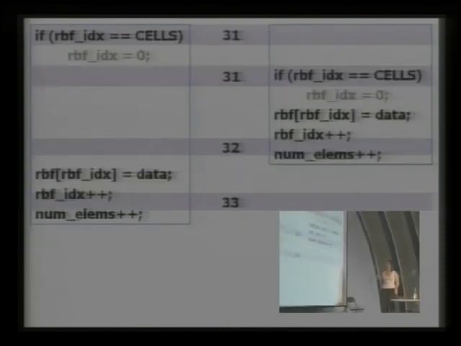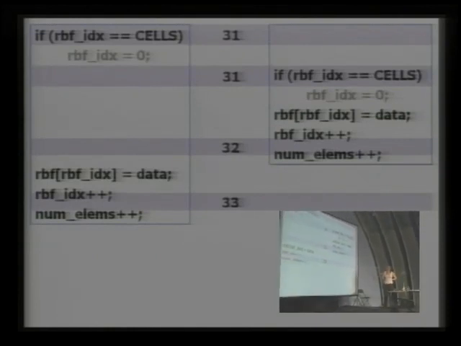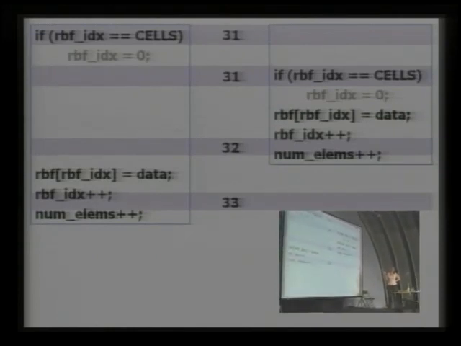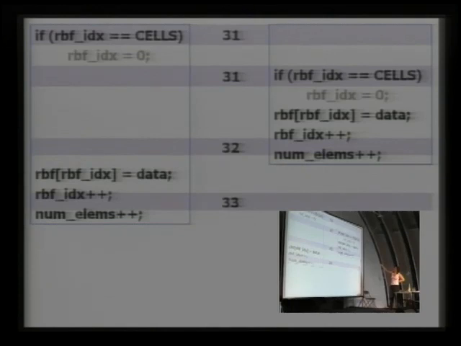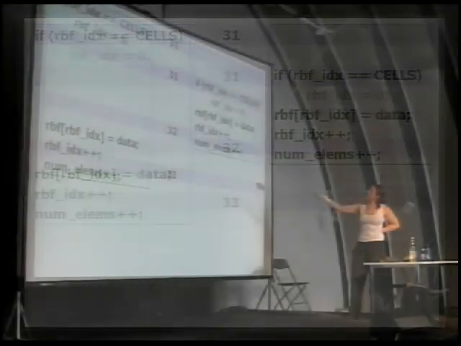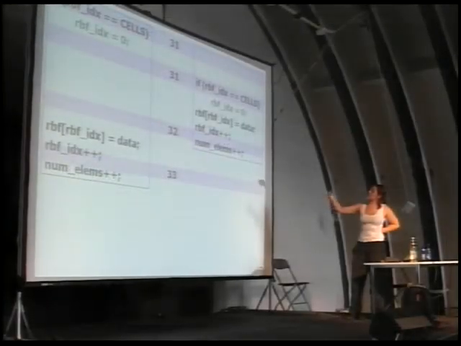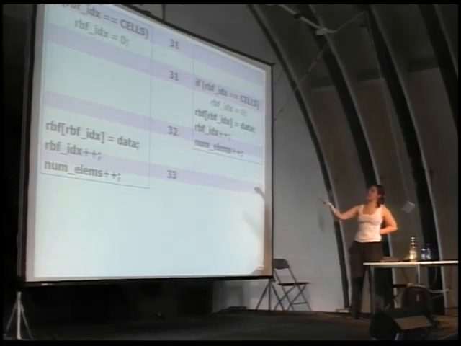But it gets even more interesting if you have this kind of setup. The first thread comes in and checks whether the limit has been reached. It hasn't been reached, so this doesn't get executed. At that point, it gets scheduled out for some reason. Another thread enters the same code, also sees that it still hasn't hit the limit, so this doesn't get executed, and stores its data into the 31st cell, and increases the pointer to the next free cell, which is 32, which is beyond the limit.